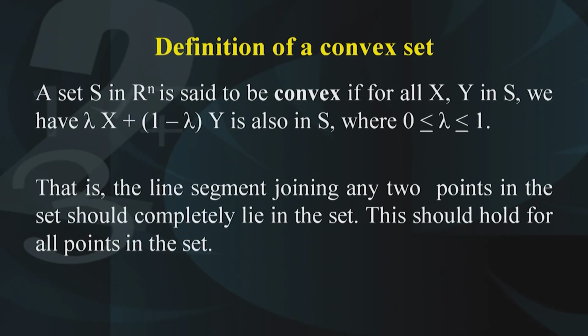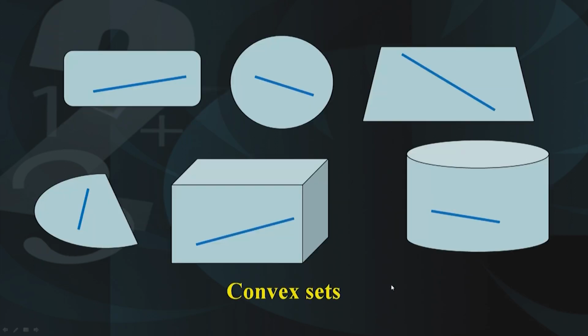If you look closely at this definition, it tells us that a set S is said to be convex if the line segment joining any two points of the set also belongs to the set completely. So, for this let us look at some examples.